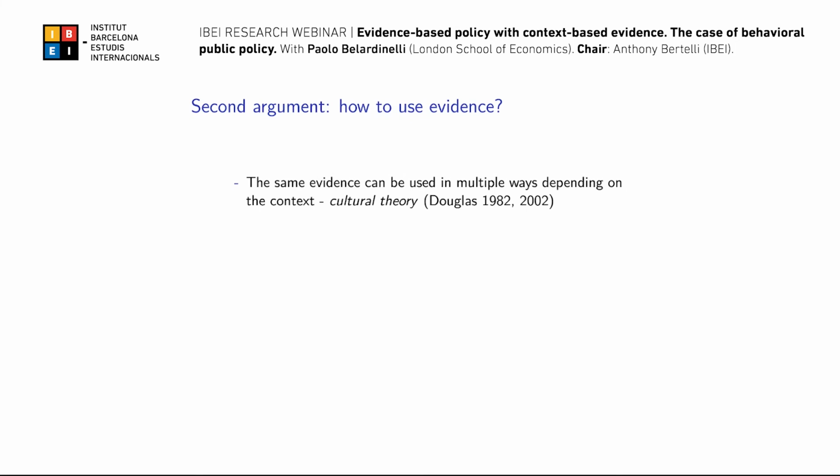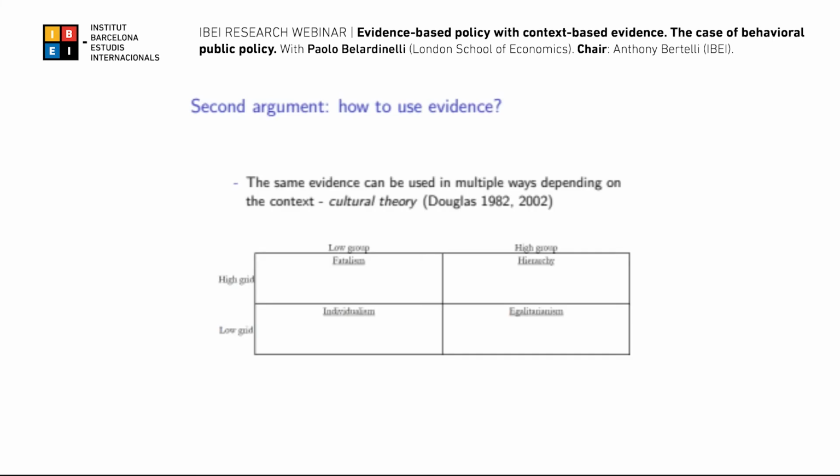So irrational behavior is among us. How shall we deal with it? And my argument is that the decision on how to deal with irrationality can depend on the context. And so to make this argument, I use this cultural theory by Mary Douglas. It comes from anthropology.